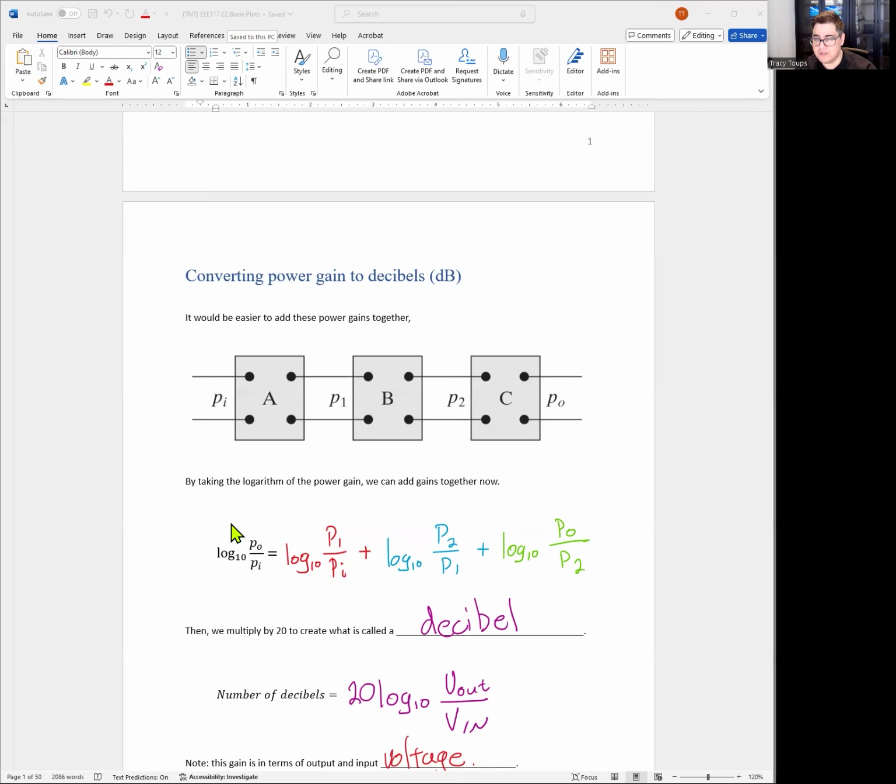So if I have a log of P out over P in, which is the gain of A, B, and C, you could split it up into each individual gain: log 10 of gain A plus log 10 of gain B plus log 10 of gain C. And that's what a lot of electrical engineers did back then, because it was easier to figure out the gain of each circuit and then add them together, not multiply.